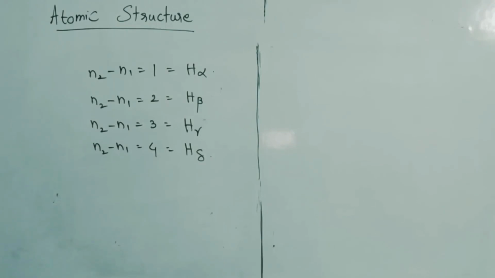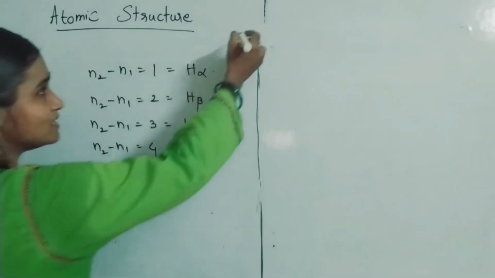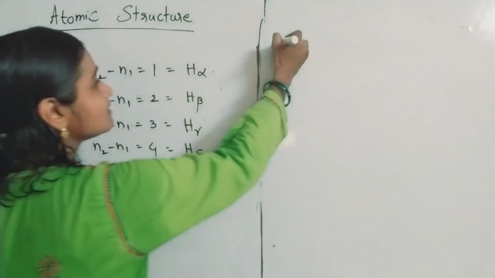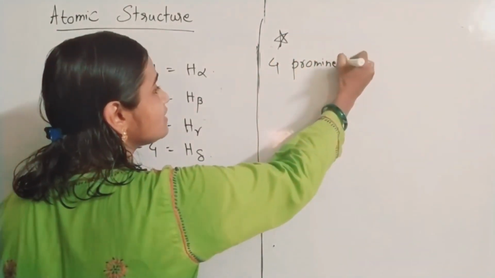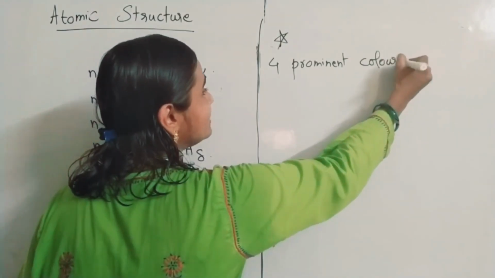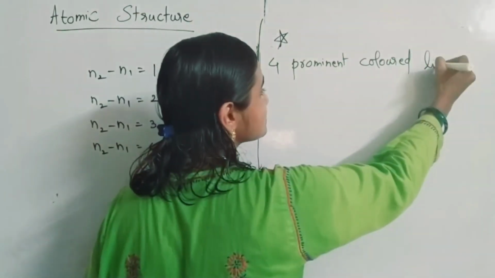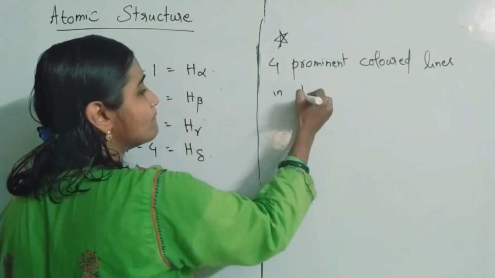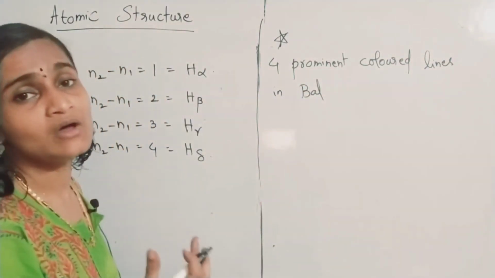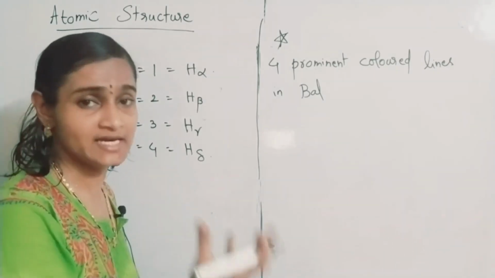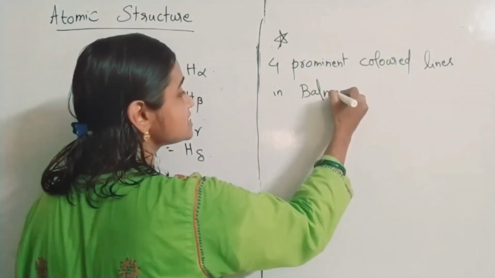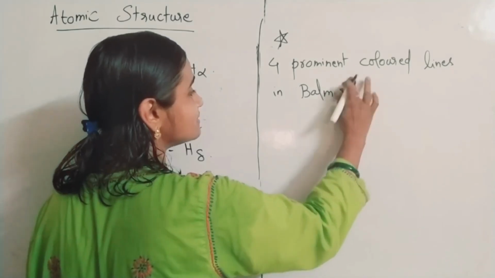Four prominent colored lines you will find in the Balmer series, because Balmer series is the only region which is in the visible region of electromagnetic radiation, isn't it?